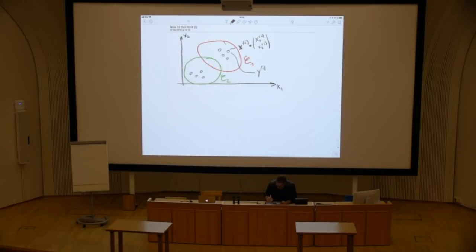So what is the degree of belonging of this data point to cluster 1? We denote this by yi1. And what is the degree of belonging to cluster 2? yi2. And these degrees of belonging, for the sake of notation, we constrain to be within the interval 0 to 1. So 1 means belongs fully to one cluster, 0 means belongs not at all to a cluster.